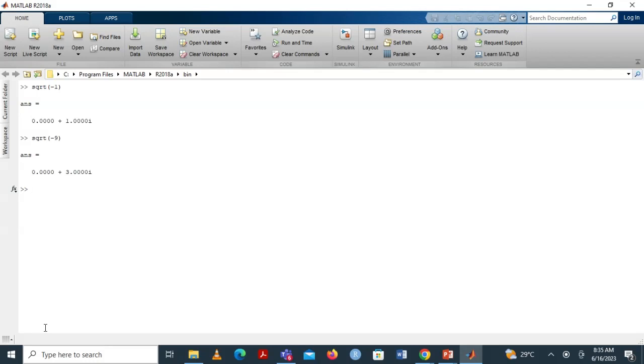So here complex numbers have a real and imaginary part as I talked about. To express a complex number, we express the number as the real part plus the imaginary part. So let's look at one example.